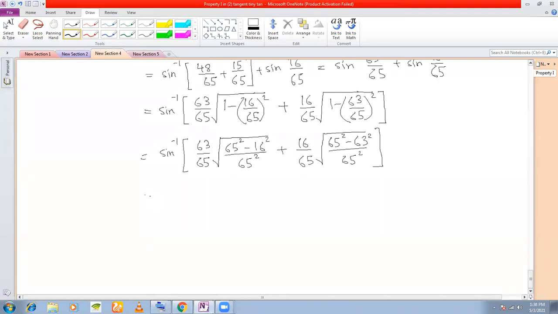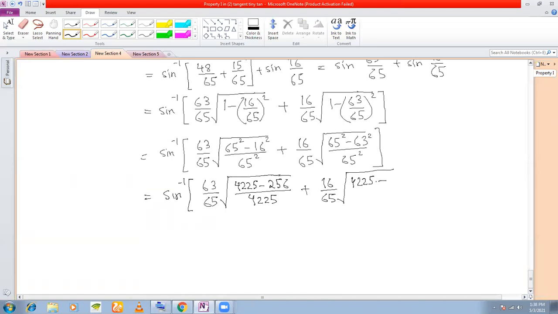So this is sine inverse 63 by 65, and 65 square is 4225, 16 square is 256, divided by 4225, plus 16 by 65 root, again 65 square is 4225, and 63 square is 3969, divided by 4225.